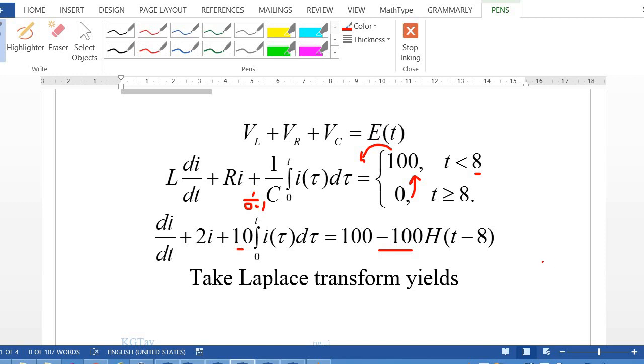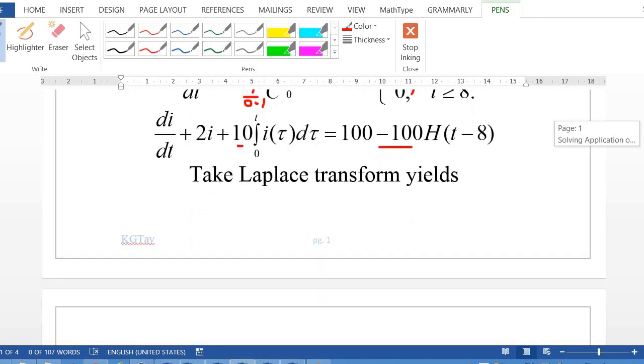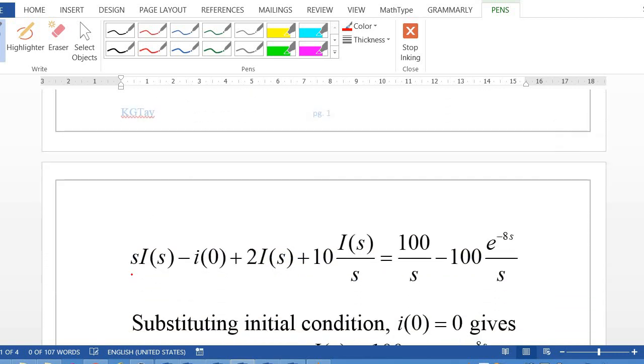After that, you can take the Laplace transform on both sides. The Laplace transform of dI/dt, where I prime of t gives sI(s) minus I(0).